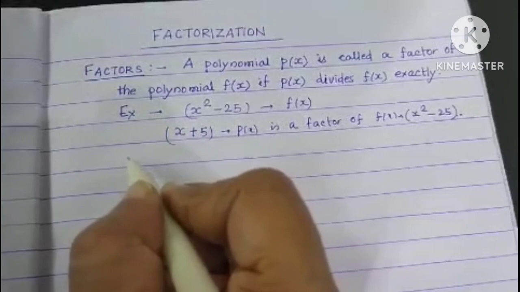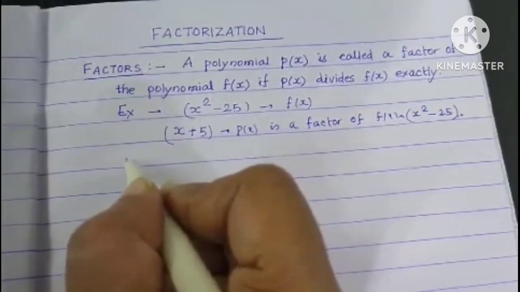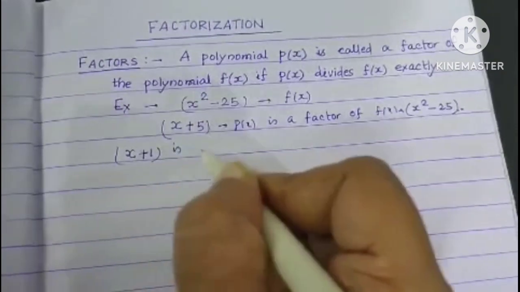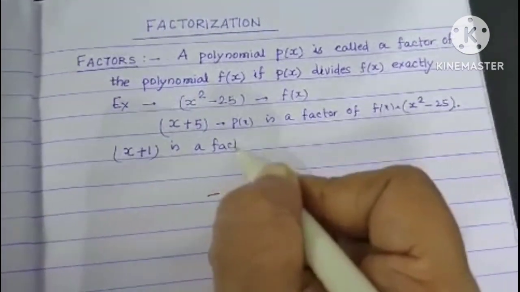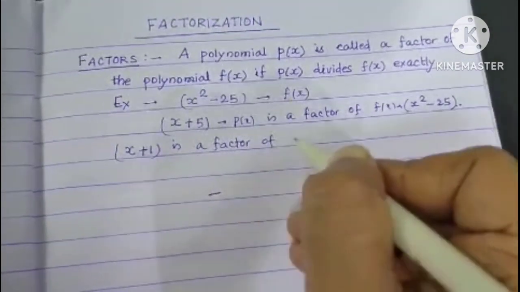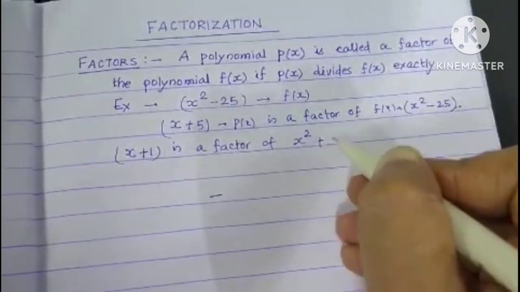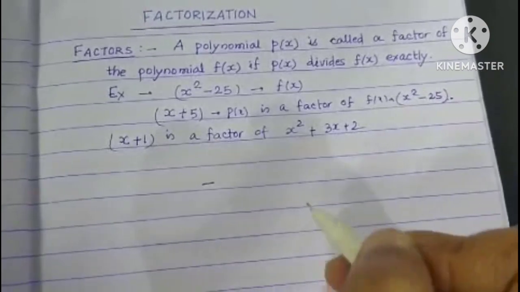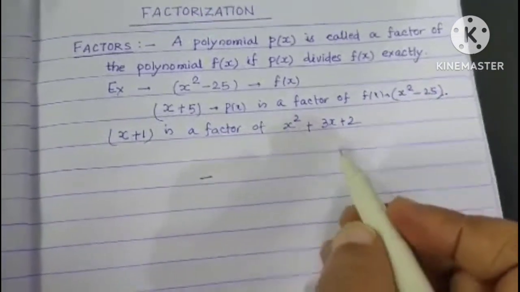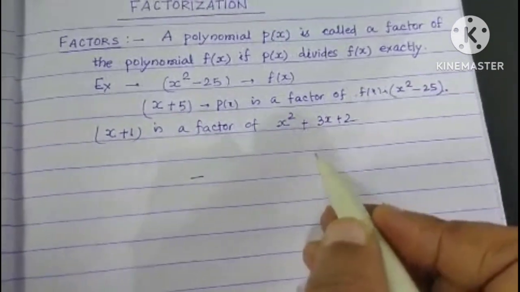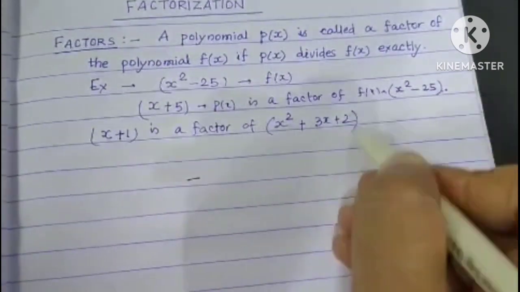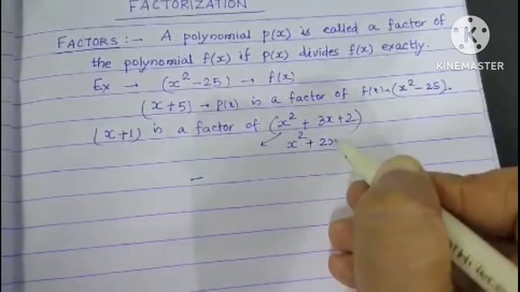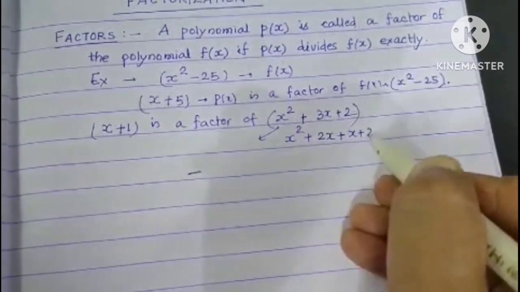Let us take another example. Suppose we can say that x plus 1 is a factor of x square plus 3x plus 2. We can say this. Why? Because when you factorize this one, you will get x square plus 2x plus x plus 2.